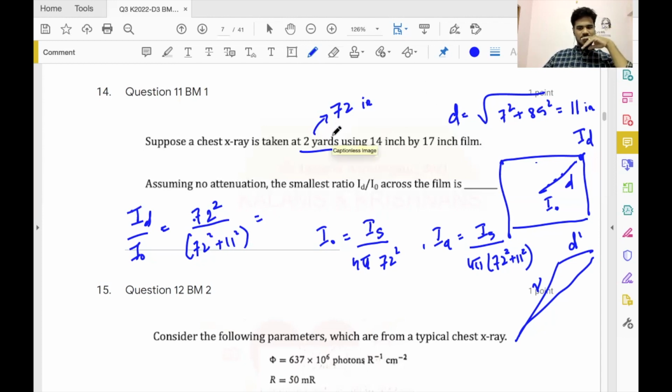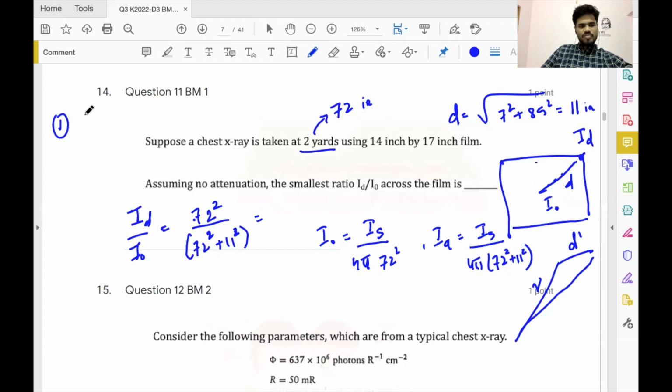What is that? Is it attenuation? But we're assuming there's no attenuation.